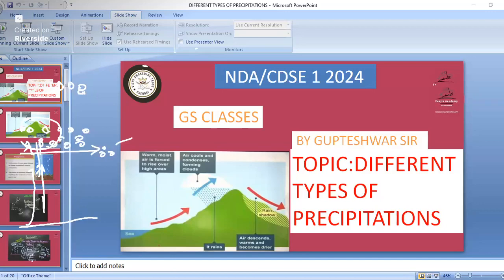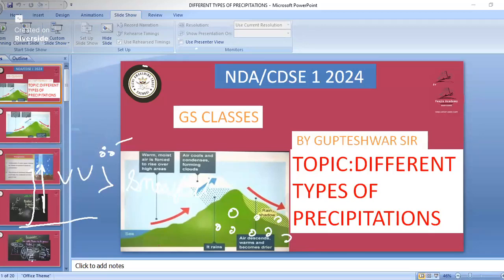Because of that, when they are not able to sustain themselves, due to gravity they will start coming down. Okay. So that is not rainfall, you can say it as snowfall. When precipitation happens, all those ice crystals are falling down like a snowfall. So that particular process is known as the hailstorm.